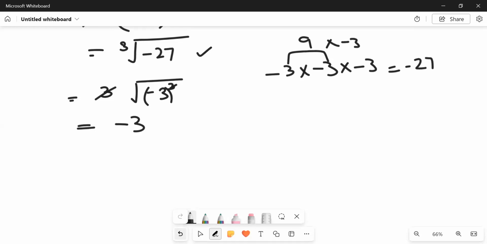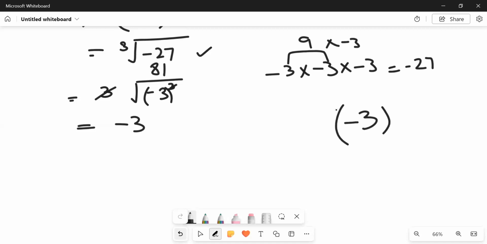If here it were positive 81, then its power would be 4, because even power will make the base positive. Now the base is negative but the power is odd, so we write the negative sign in the base. Do you know what the base number is? 3 is the base number.